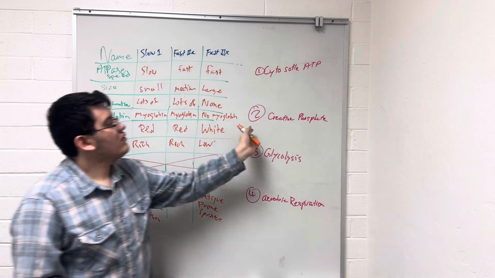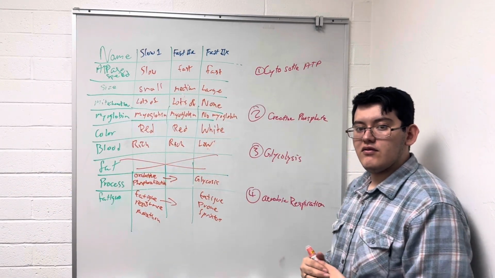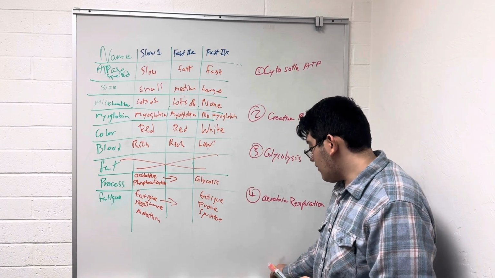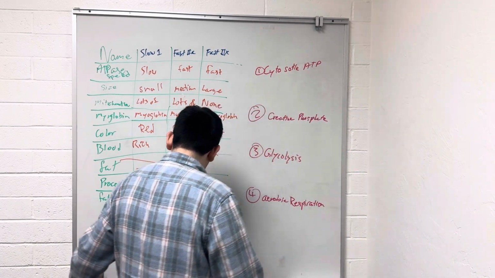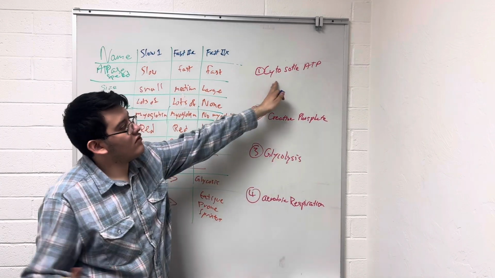And so now we'll talk about ATP types. ATP utilization types. The first type that we have here is cytosol ATP.